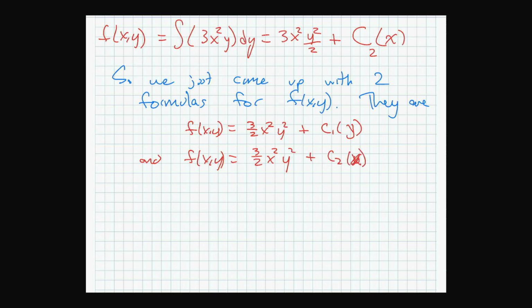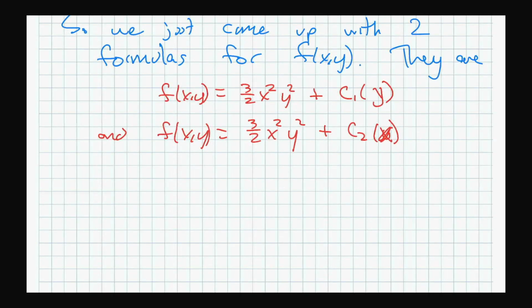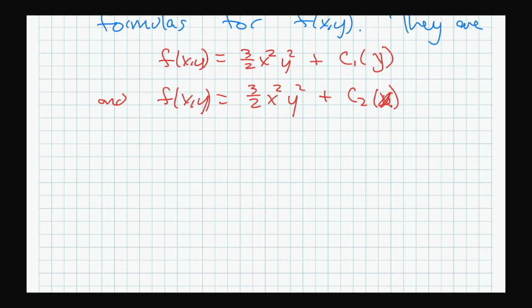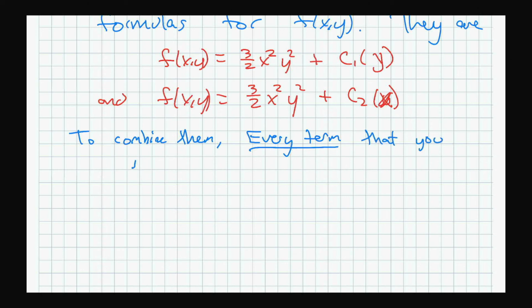Okay. And then basically what you do is, every term that appears in one of them or the other must appear in your answer. So what you do is combine them. Every term that you see in either formula for f, because you have two formulas for f, and they don't have to be the same.